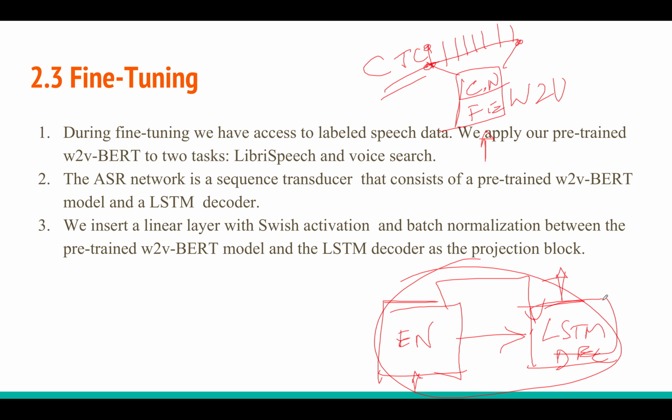And as a matter of fact, recently one of my papers got accepted into Interspeech. In that paper, I show that using this kind of sequence to sequence approach gives you lower accuracy compared to using a CTC layer.